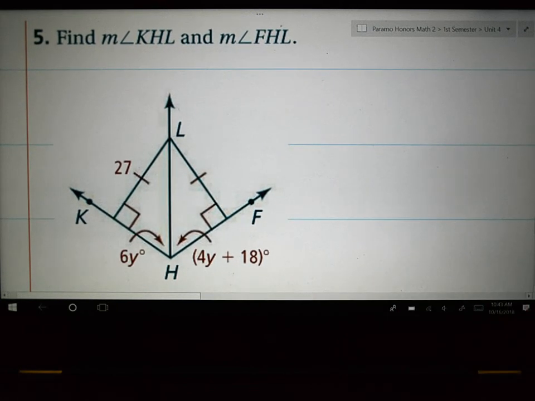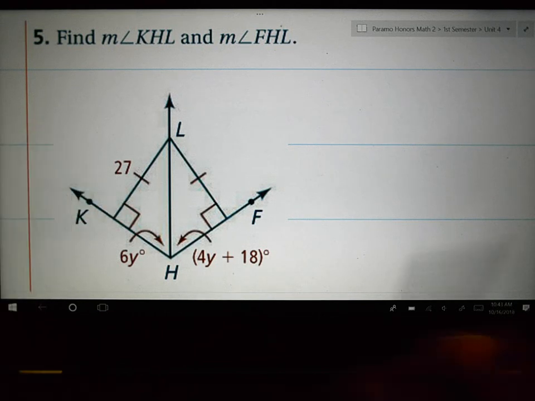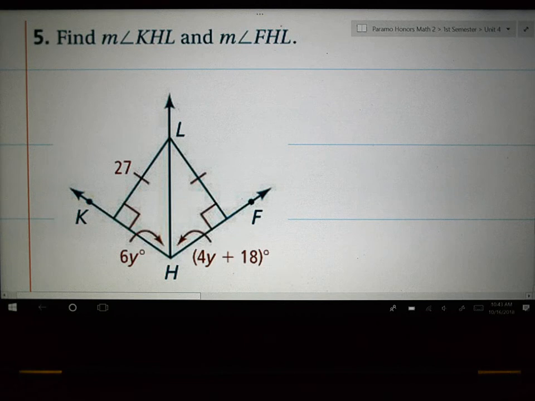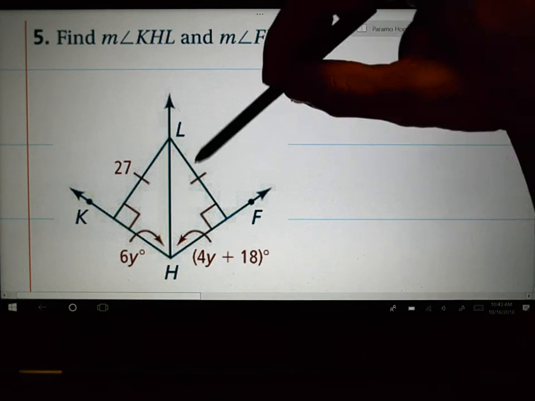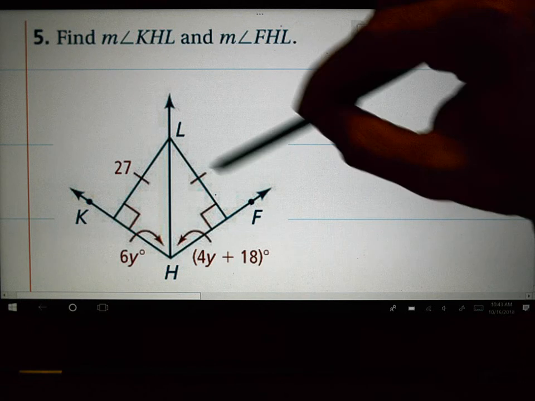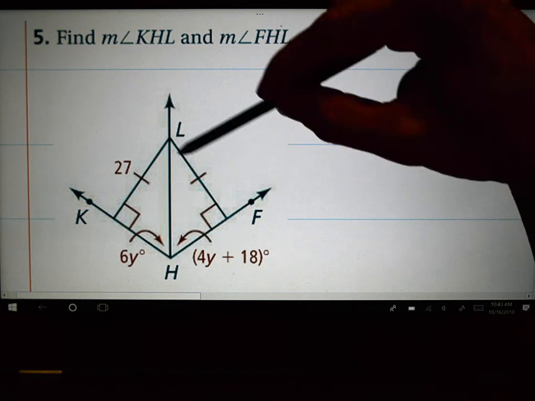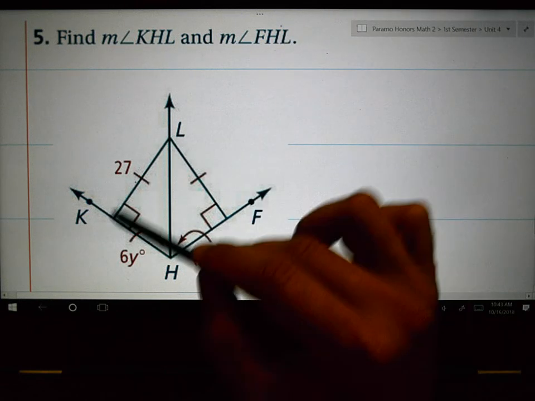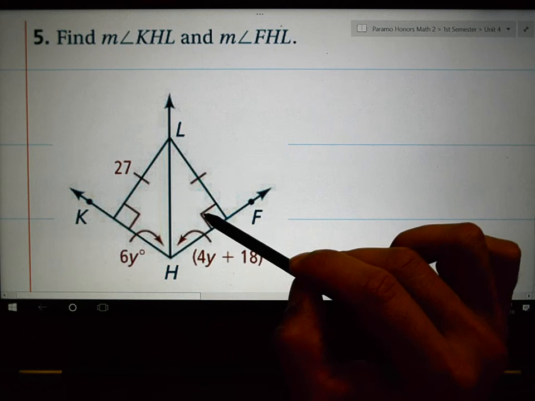Number 5 says, find the measure of angle KHL and the measure of angle FHL. We're trying to figure out how big this angle is. The first thing that I notice is I have this segment here, which is congruent to this segment there, and it's measured at a right angle.